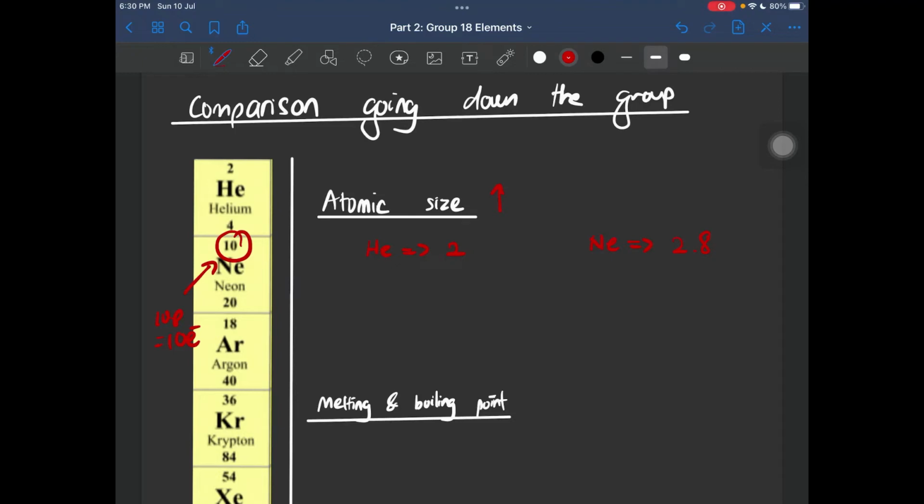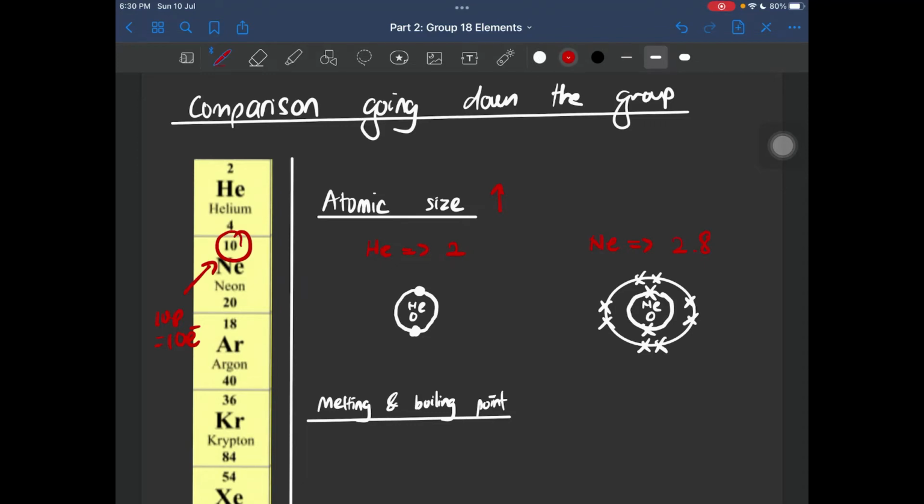So let's try drawing these. We have helium with 2 electrons. So this is how you would draw the electron arrangement. Next, you have neon, and then you have two electrons in the innermost shell, and you have 8 electrons on the second, which is also the outermost shell.